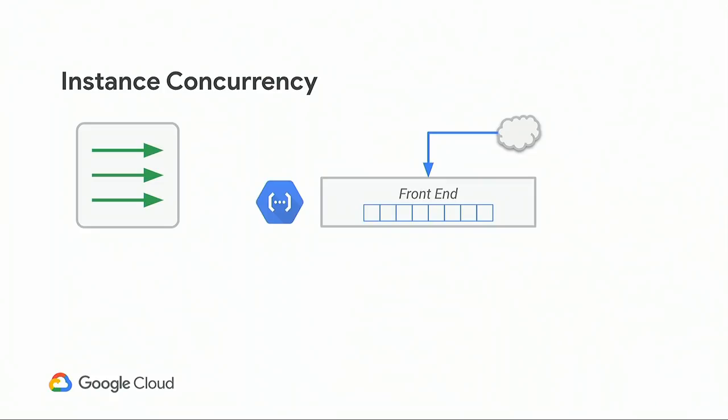So it looks like this. Request comes in, same diagram as before, hits the front end, and is served by instances. Now, in the case of a product like Cloud Functions, concurrency is one, and you can't change it. One function will deal with one request at one time. And that's great because it means the programming model is very simple, the billing model is very simple.